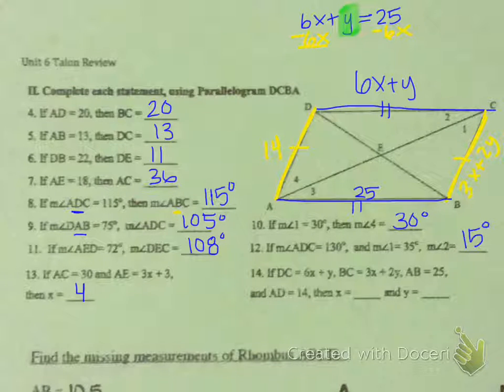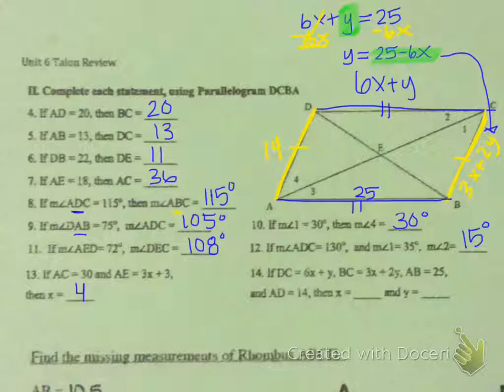Now I can't really subtract 6x from 25 because they're not like terms. So I just get this weird expression, y equals 25 minus 6x. Now what I can do is take this whole thing and plug it in to the y value here. Why would I want to do that? Because that will allow me to have only x's and solve for x.